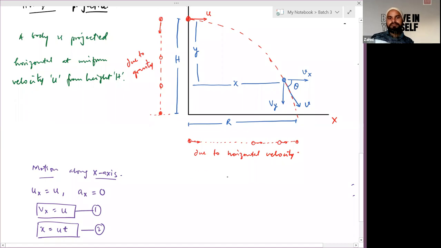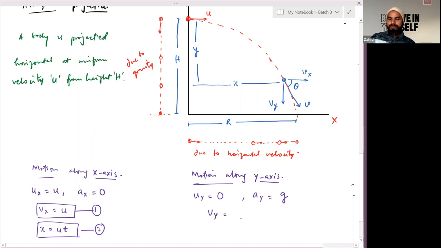Similarly, motion along y-axis. Since body is projected horizontally, there will be no initial component of velocity along y-axis, so it will be 0. Acceleration along y-axis will be g. On the basis of these two terms, we can find final velocity along y-axis.